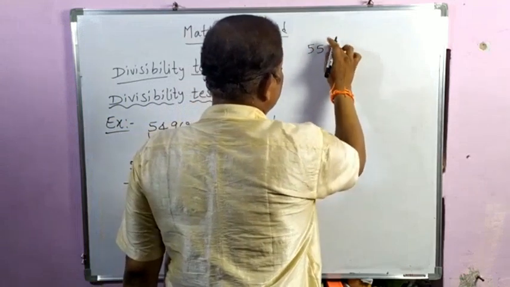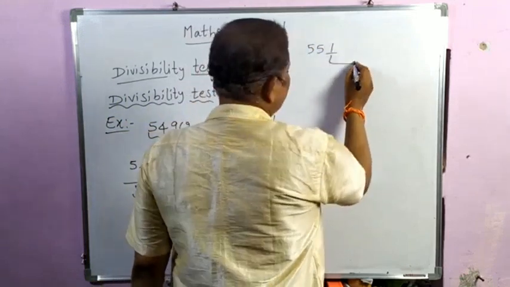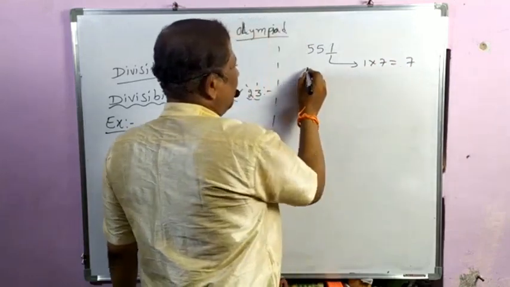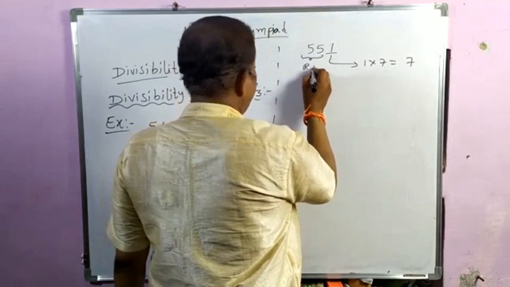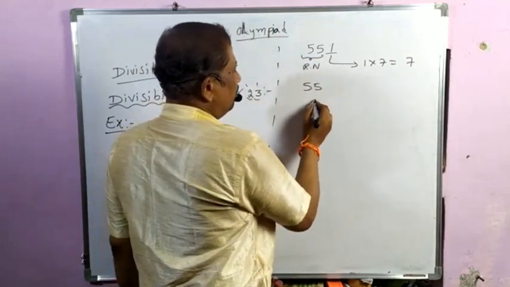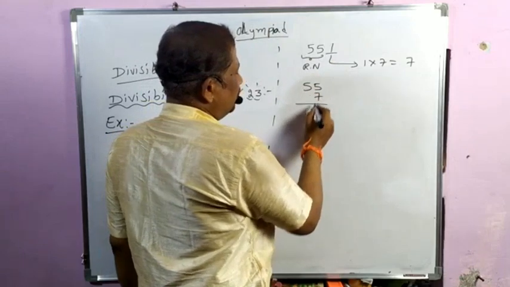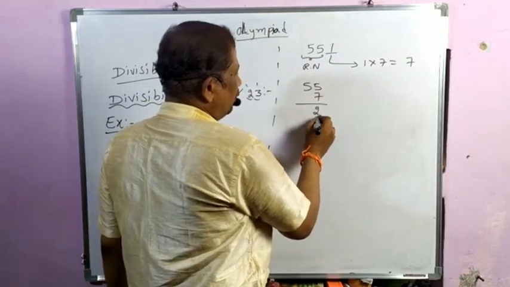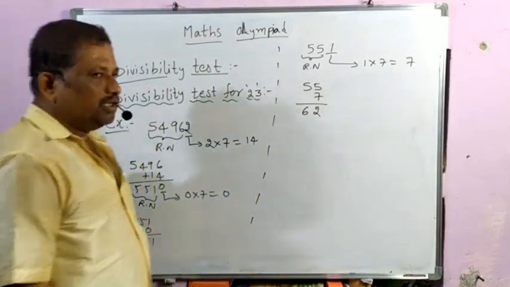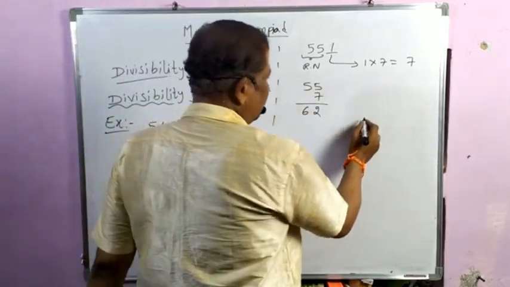551. Last digit is 1. It is multiplied by 7, you will get 7. Add to the remaining number. This is the remaining number, 55 plus 7. So what do we get here? 62. Is 62 divisible by 23? No, it is not divisible by 23.